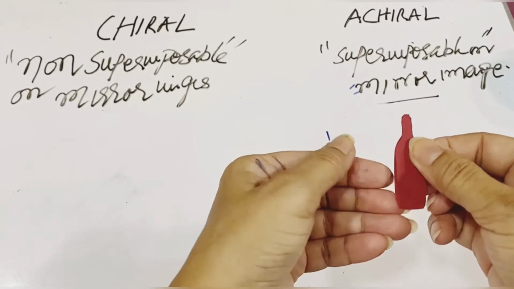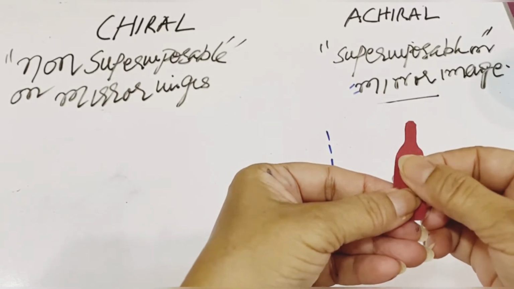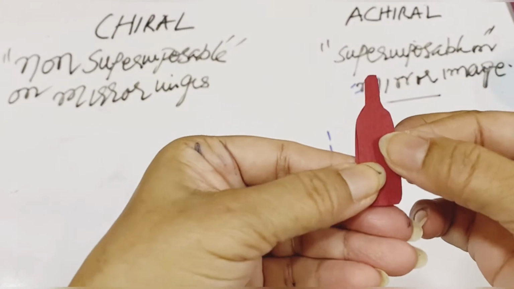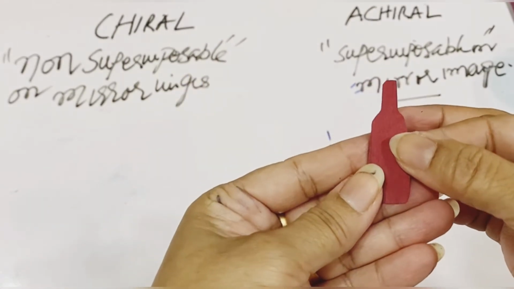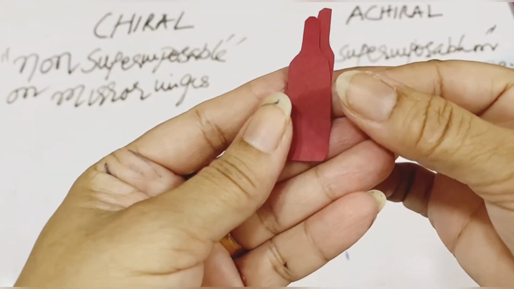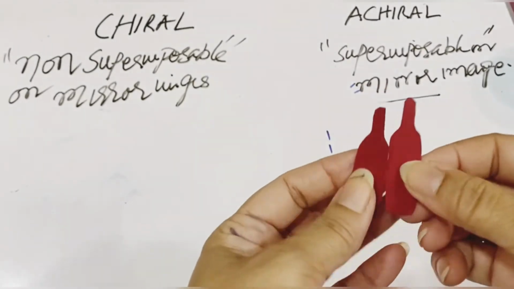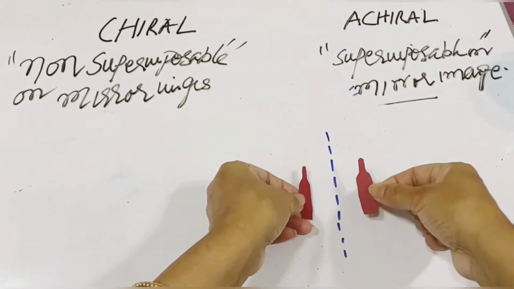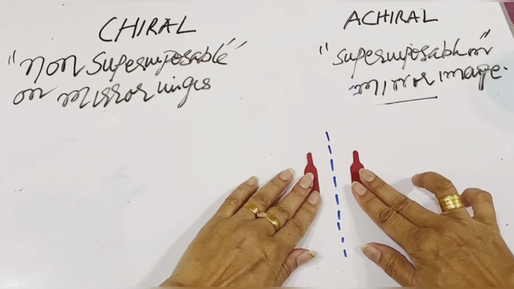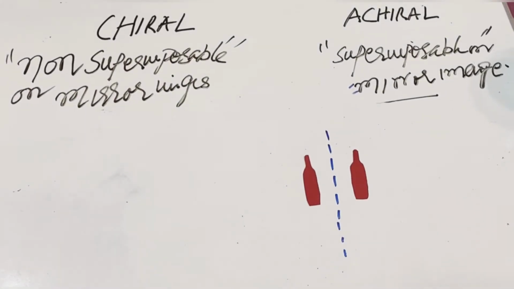They are superimposed. All parts coincide. You can see, right? This is a perfect example of an achiral compound.